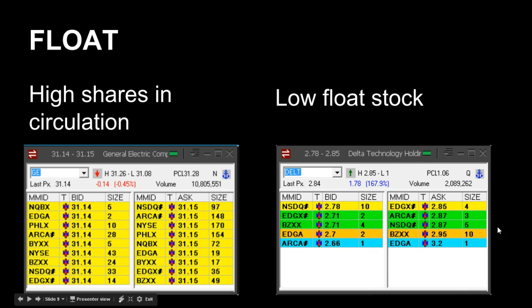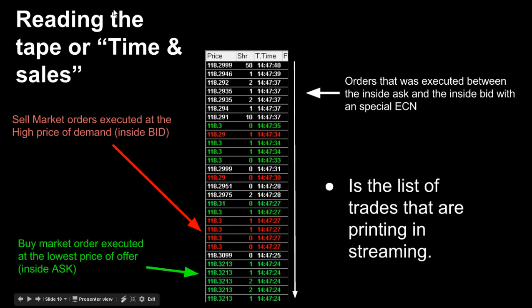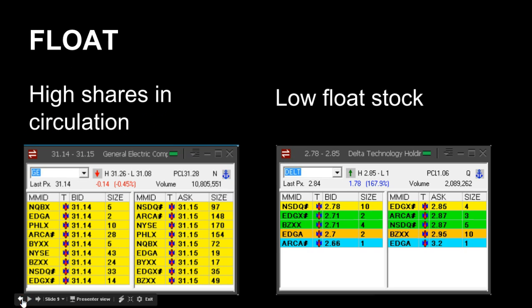If we see maybe 4 prints of 100 shares in green at 2.85, these are getting absorbed, so the last price is going to move up, and the price action on the chart is going to move higher. That's why these two tools together, if you see the same price action, are really awesome.